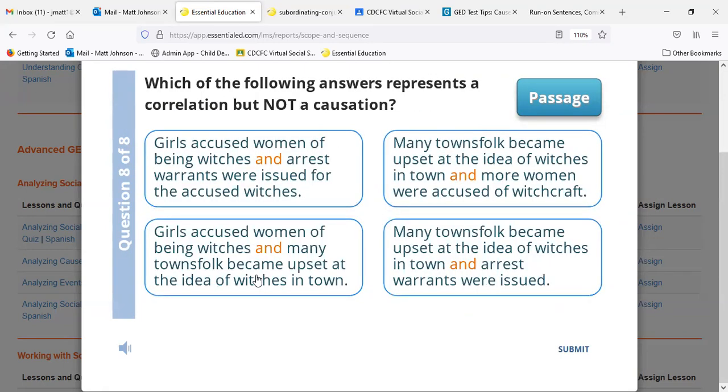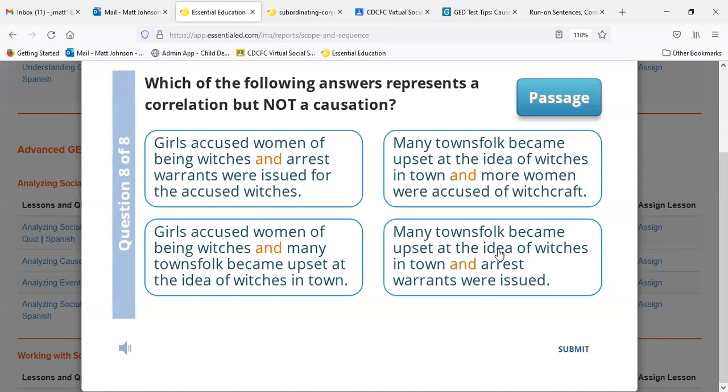Last one. Okay. Townsfolk become upset at the idea of witches in town, and arrest warrants were issued, right?